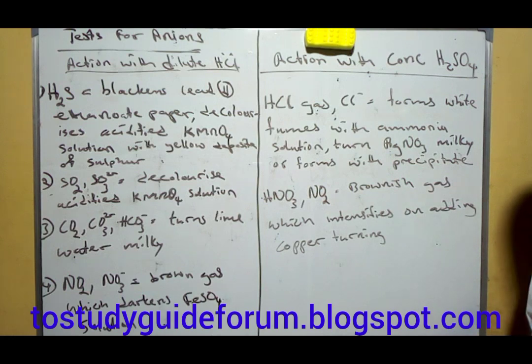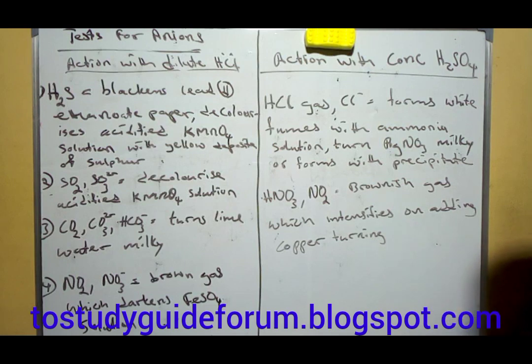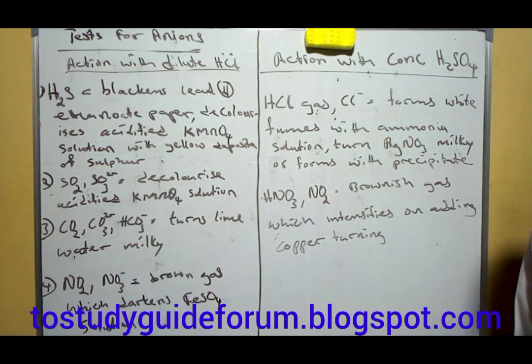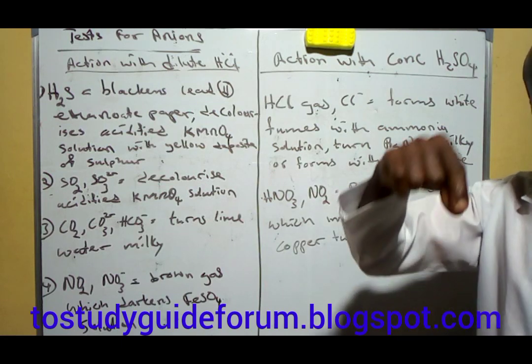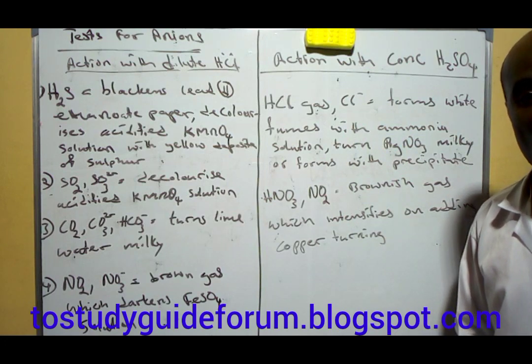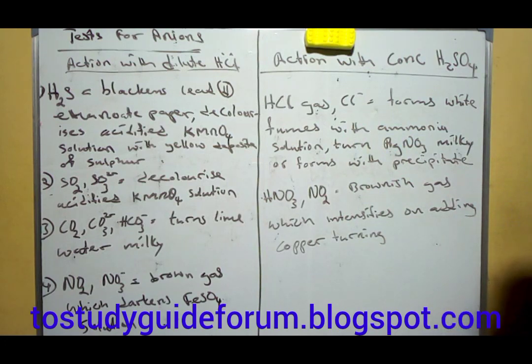Once copper turnings is added, it will increase the liberation of the gas. This can also be tested by the brown ring test, which will give us a brown ring around the surface of the test tube.